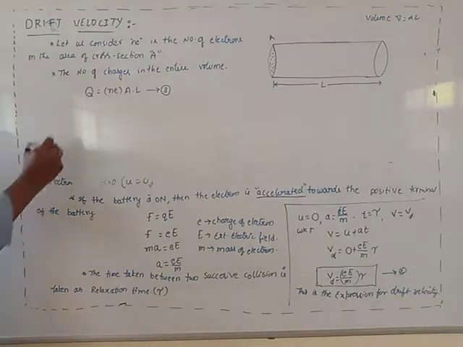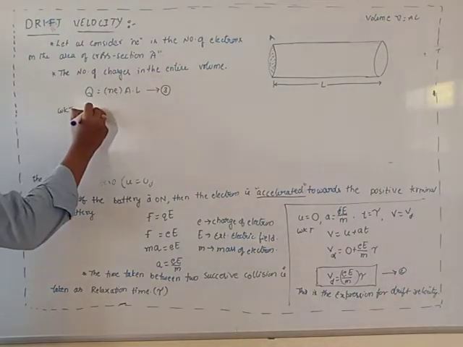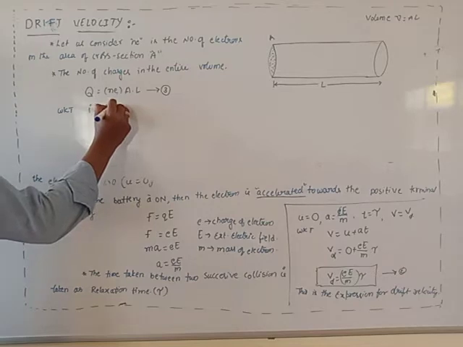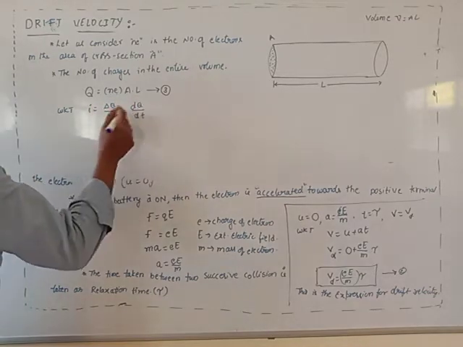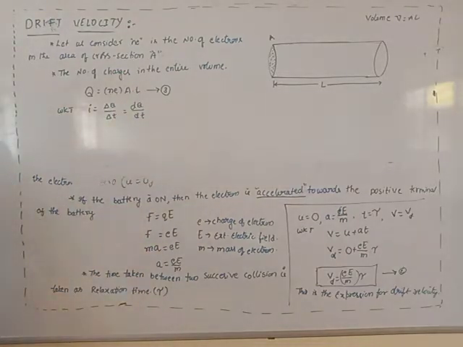Fine. Now we know that current I is equal to delta Q by delta t, or you can take this as dq by dt also. Let us say this is an instantaneous current.